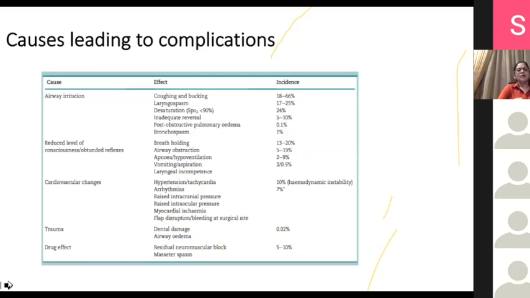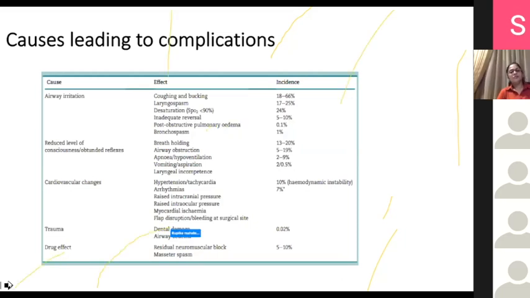Now, what's leading to these complications? We know one of the biggest causes is airway irritation, and that actually results in all these things which we listed before. Reduced level of consciousness, where the reflexes are obtunded. There can be breath holding, airway obstruction, apnea, hyperventilation, so all those things which we said, the main cause is a reduced level of consciousness.